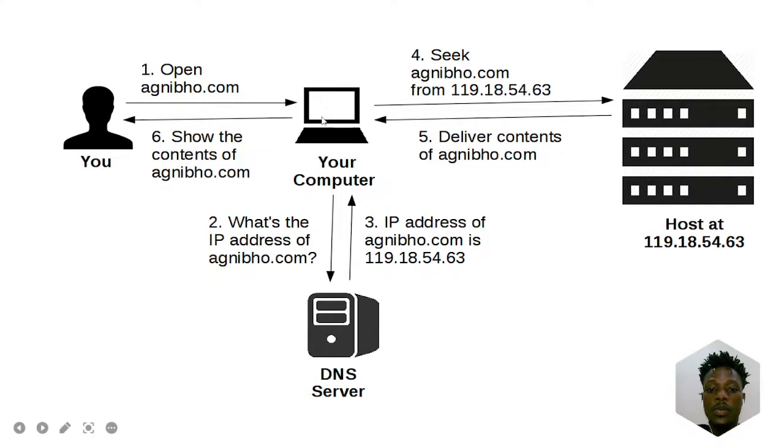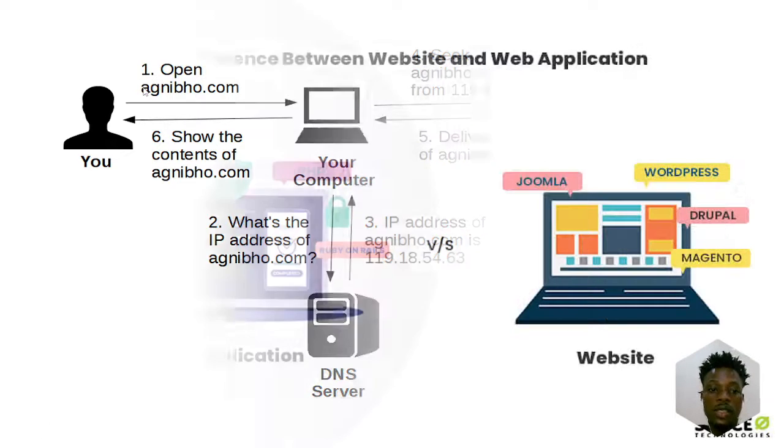So when our browser sends a second request to a different server this time around, which is the hosting server, the IP address is sent along with this request. So this IP address helps us to locate or retrieve all the files related to a particular website, such as this.